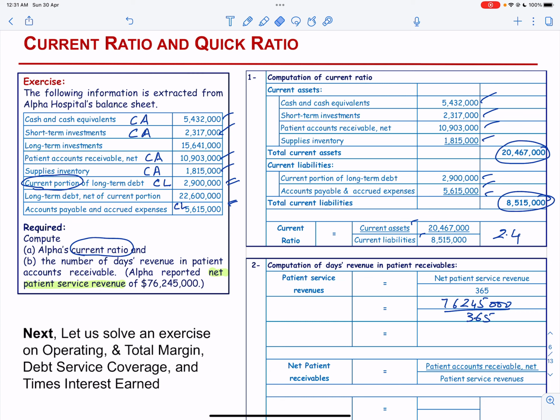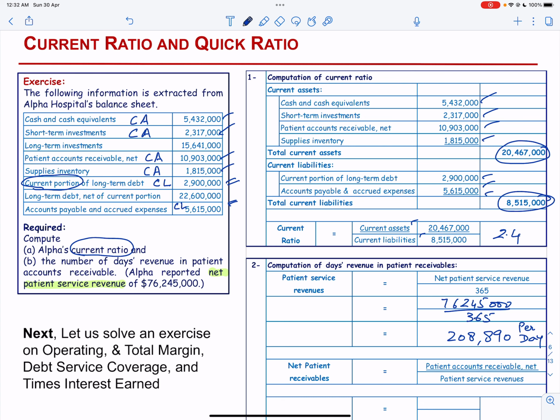This will give us the patient service revenue per day, that is 208,890.